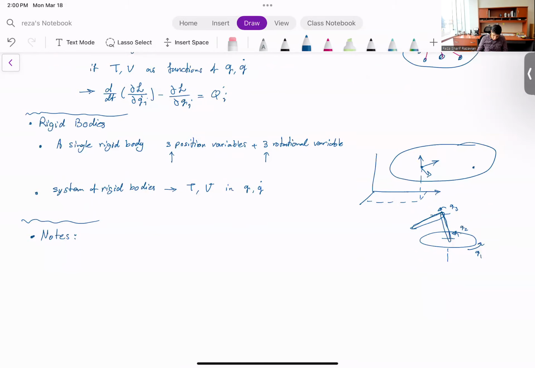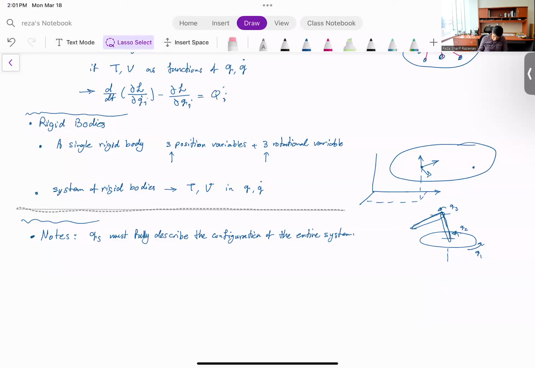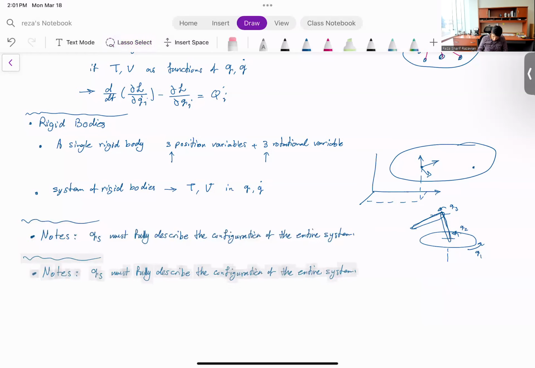So Q's, to be useful in a Lagrangian mechanics sense, must fully describe the configuration of the entire system.